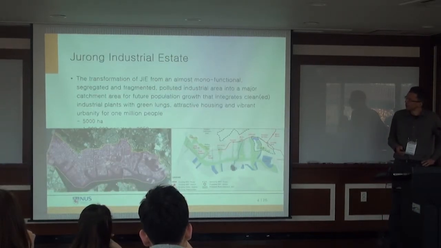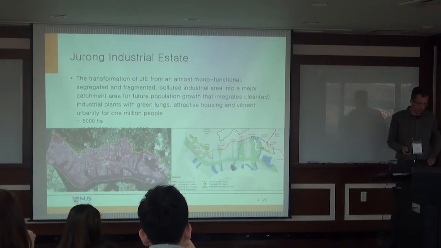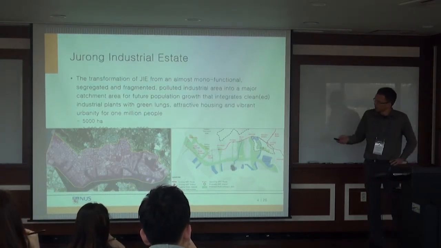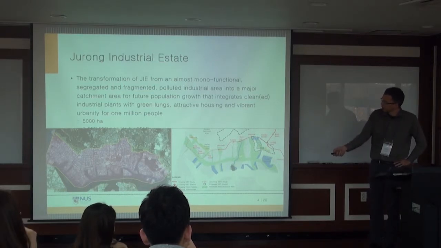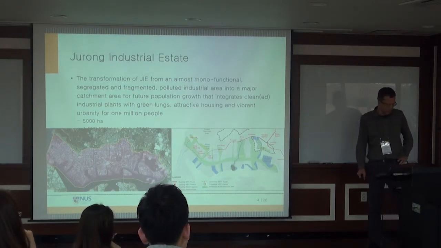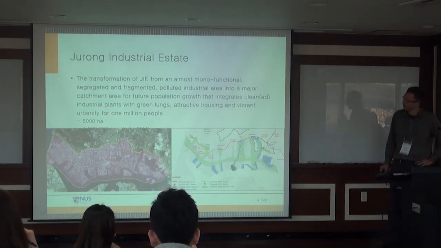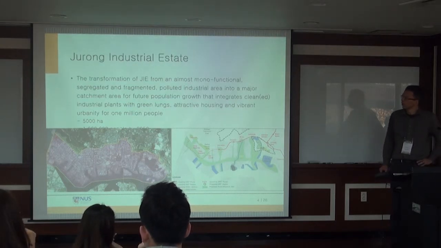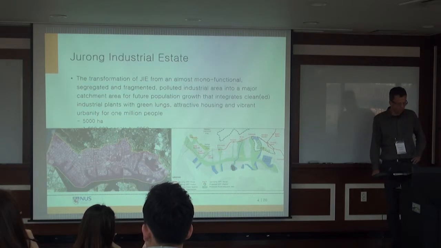And so this is the actual problem statement. So it's about, as you can see there, this is the area. It's about 50 square kilometers or 5,000 hectares. And it's very monofunctional at this moment, industrial, segregated, fragmented, polluted of course.